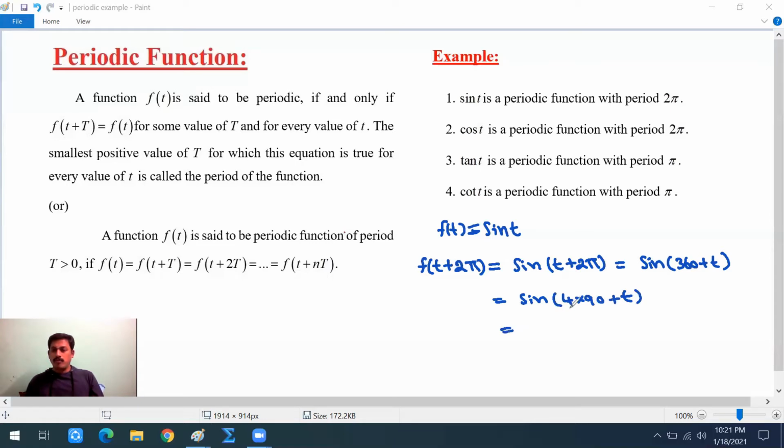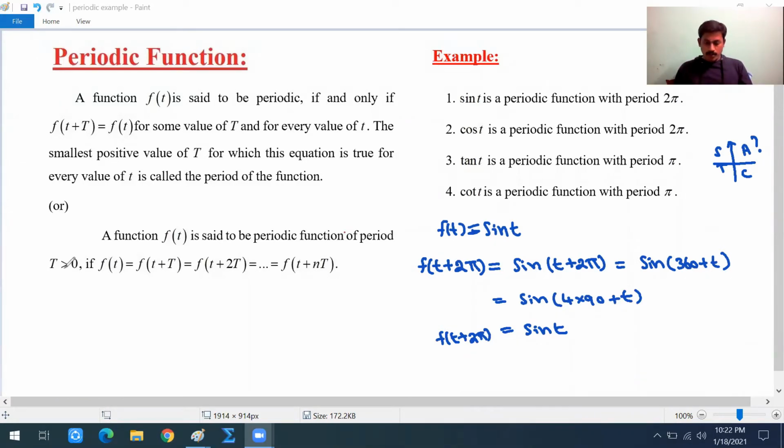So here 4 is an even number, so you should not change the trigonometric ratio. So therefore we will get sine t, and it lies in the first quadrant. Here all silver tea cups. Here 360 plus means it lies in this quadrant. Here all are positive. So therefore your f of t plus 2 pi equal to sine t.